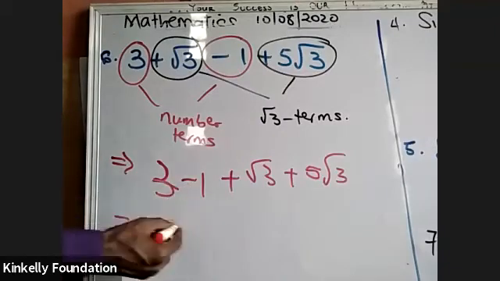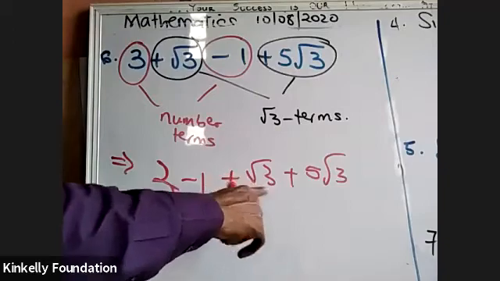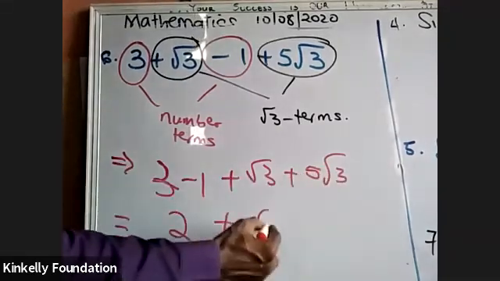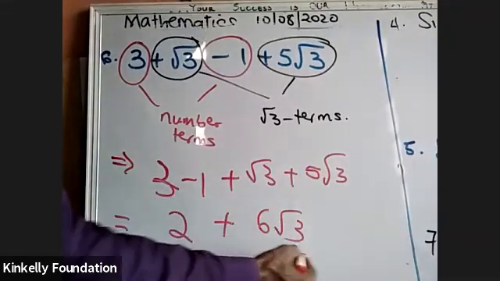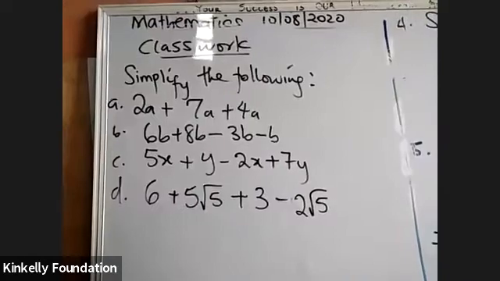This gives us 2 plus root 3 plus 5 root 3 gives us 6 root 3. That's simple. That's algebra.